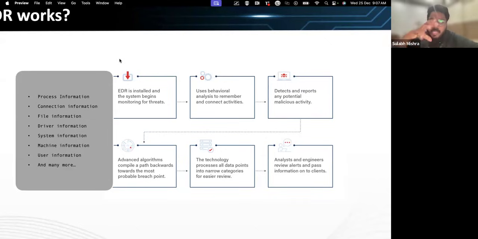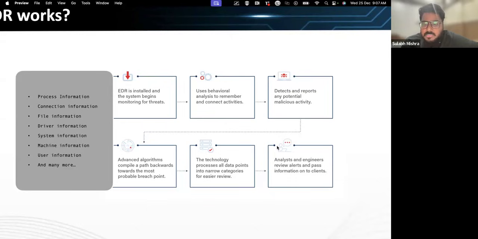Simply put, the algorithms and technology are used to narrow down the results of your searches so that you get the desired output. That is another feature, and that is how it processes.